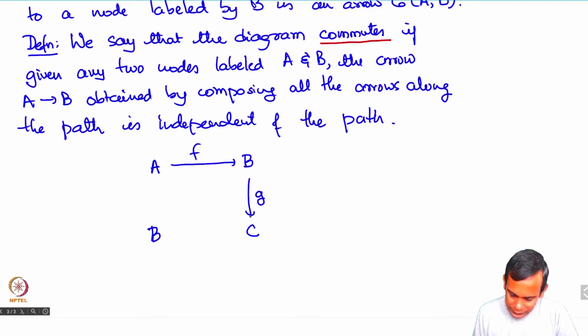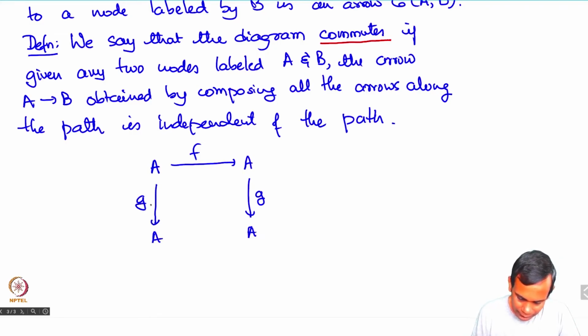So what I need is, now let's take all these nodes to be the same. So I have A to A, A to A. This is probably the right way to do it. And I have G and I have F.